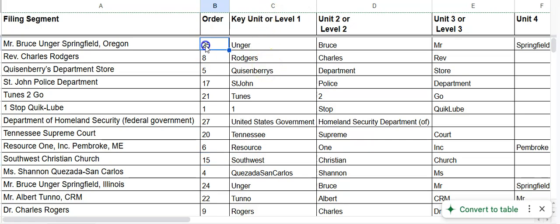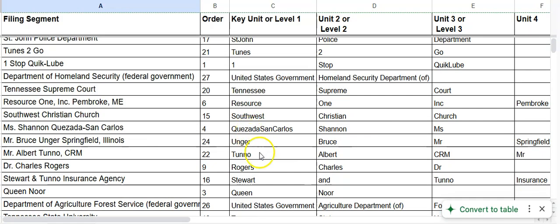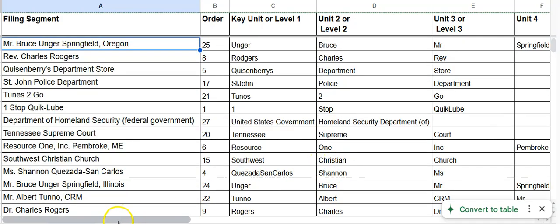You need to sort these in order yourself by putting the number next to the correct filing segment and name. So don't try to cheat it and take a shortcut. Some of you probably noticed that when you sorted it in either Excel or Google Sheets that it didn't do it properly. And that's important because you shouldn't be doing that anyway. You need to be doing it on your own.